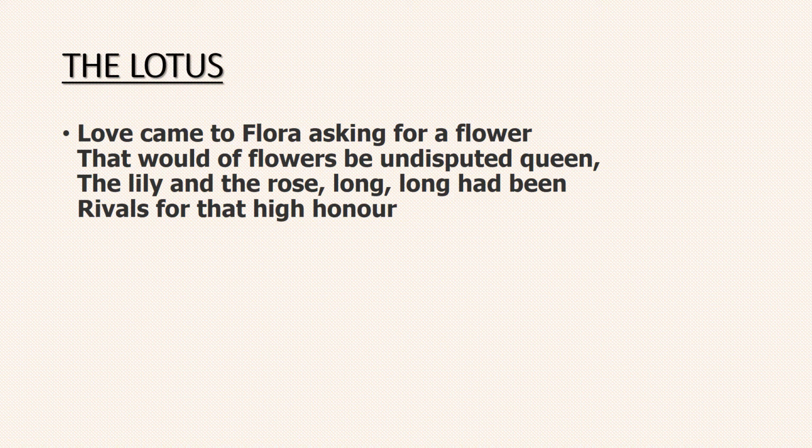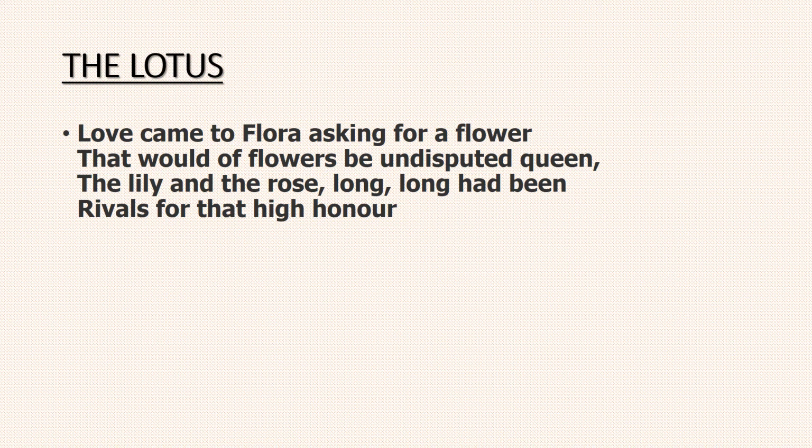So the god of love comes to the goddess of flowers and requests Flora to give him a flower that should be regarded as the undisputed queen, meaning the position of queen beyond doubt should be given to that particular flower. The lily and the rose.